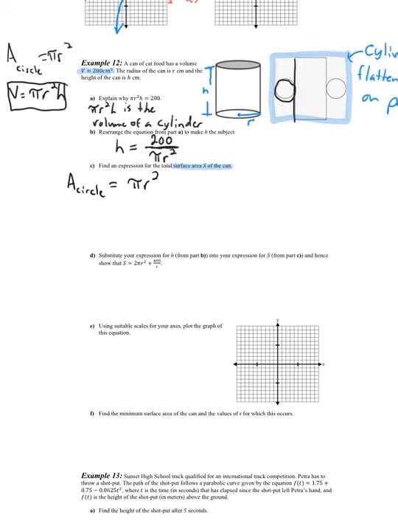That's the area of our circle. The area of the other circle, that's circle 1, circle 2, is also going to be pi r squared. And because it's a cylinder, they should be the exact same. So technically the area of both circles is just 2 times pi r squared. We could just say there's one circle, and then you multiply by 2, you're going to get the area of both circles together.